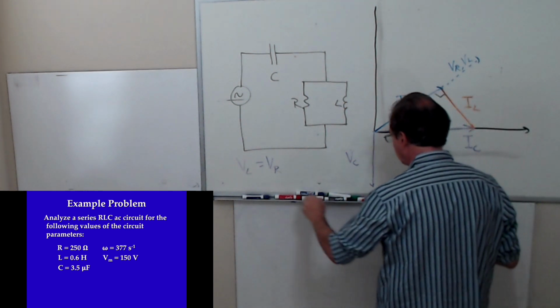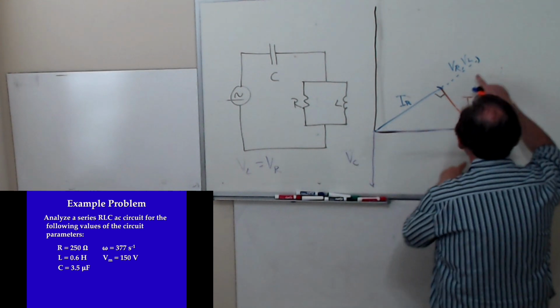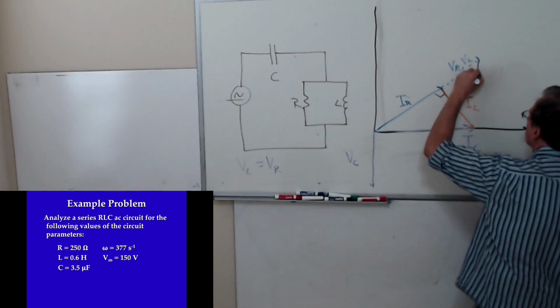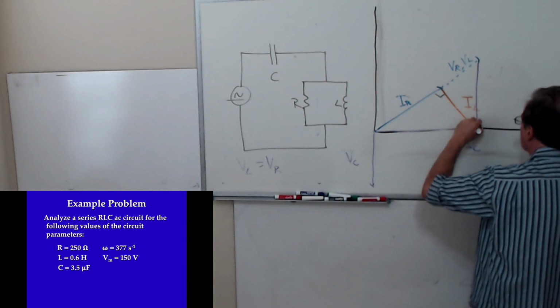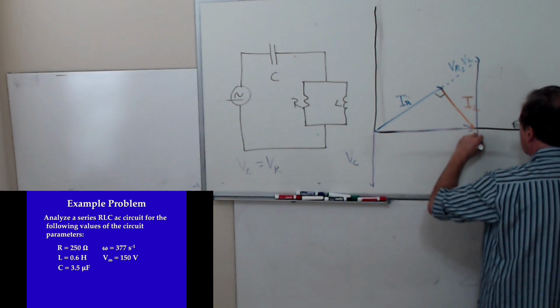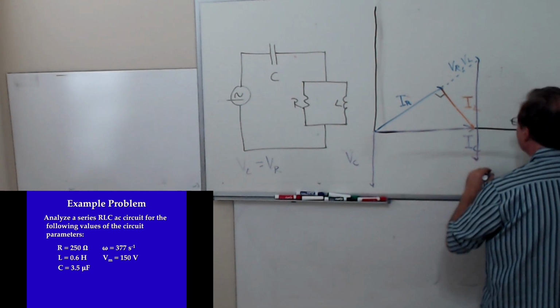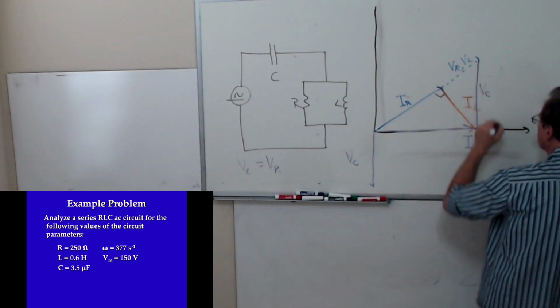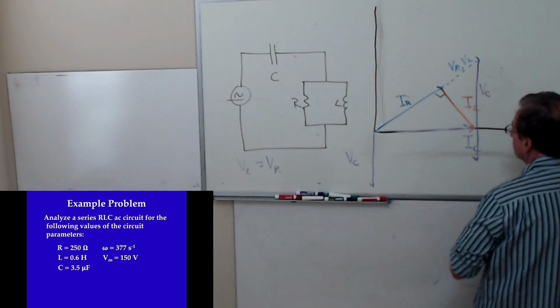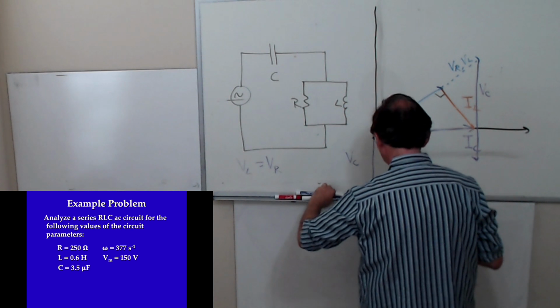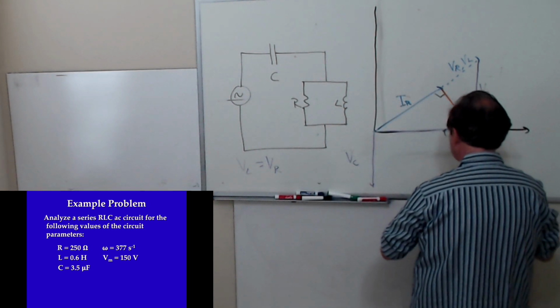And V sub C points straight down. So I'm going to take this guy and put it straight down here. I'm going to exaggerate it because I ran out of space here. So this is V sub C. So this vector plus this vector gives me the power supply voltage.